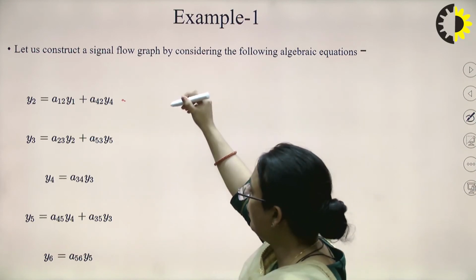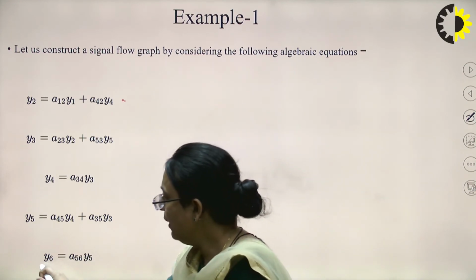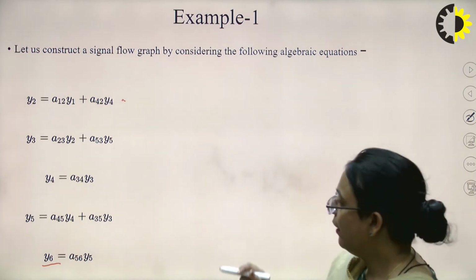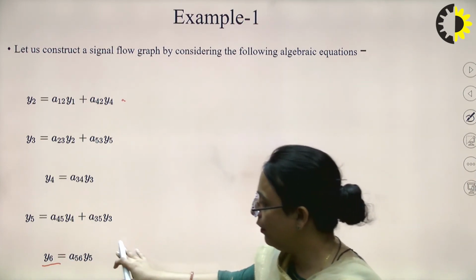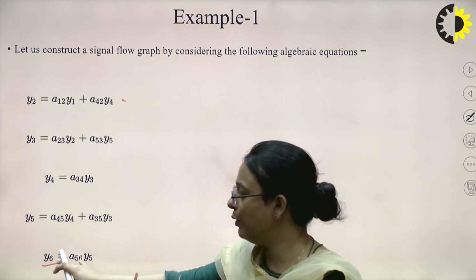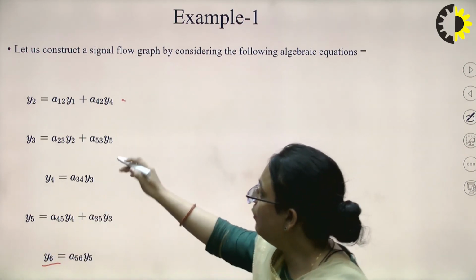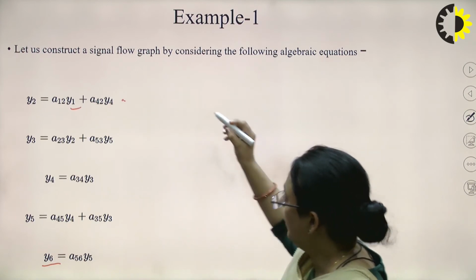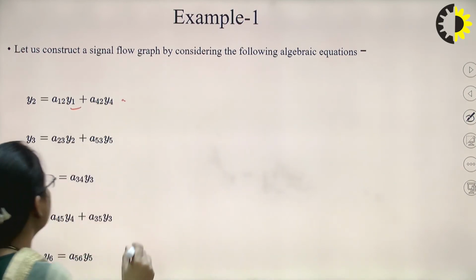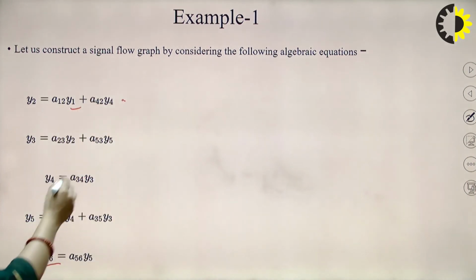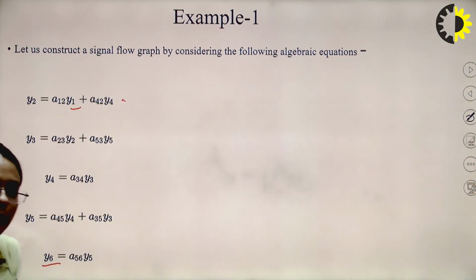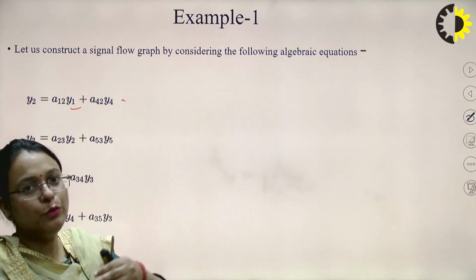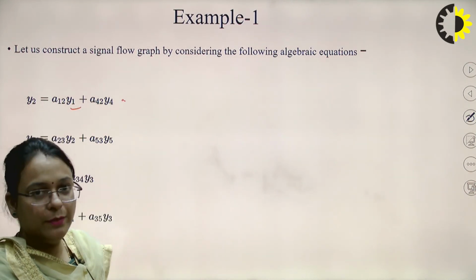Here you can see, let's say y6 is the output because no other node is dependent upon y6, and y1 is the input. y1 is the input node, y6 is the output node, and y2, y3, y4, y5 are the variables here.